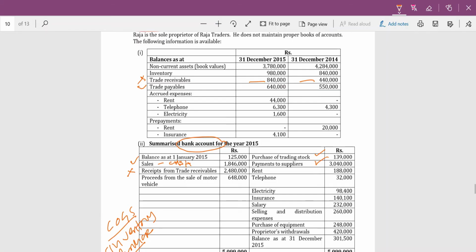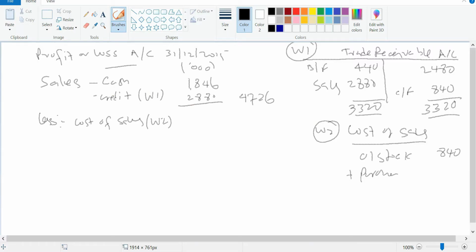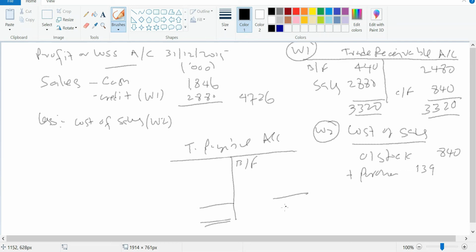Purchases you need to calculate through the trade payables. Apart from that, there are cash purchases as well, so you can add purchases 139. There is working number 3 to identify trade payables. In the trade payable account, the credit balance is the opening balance and the carried forward balance.